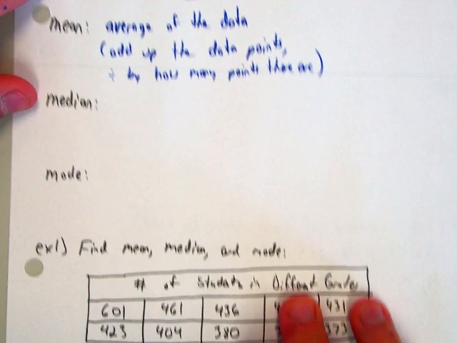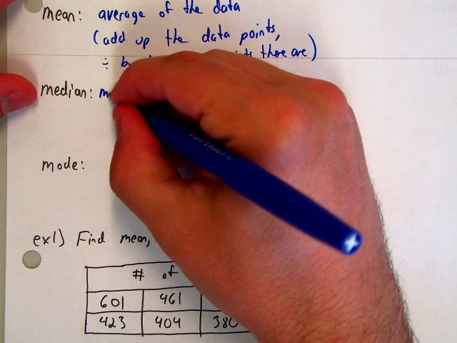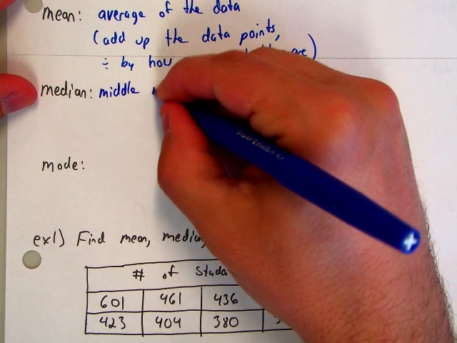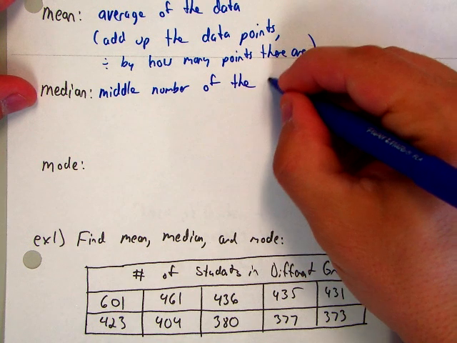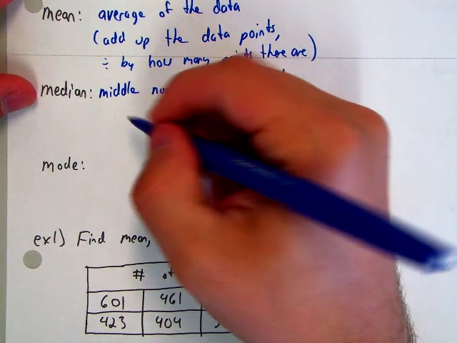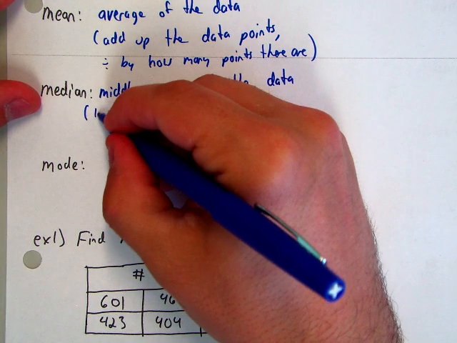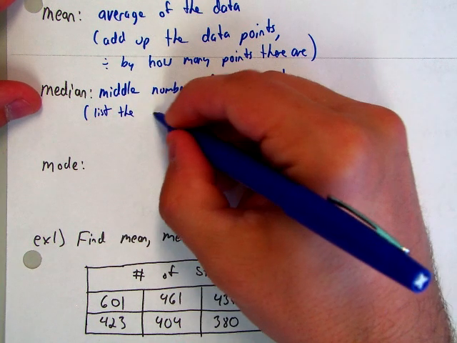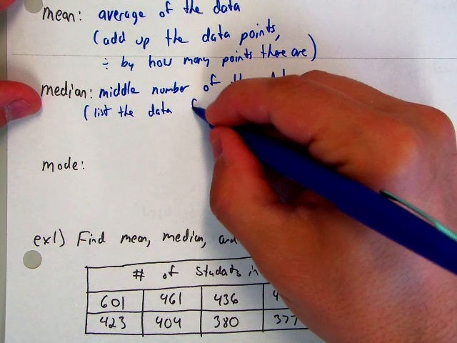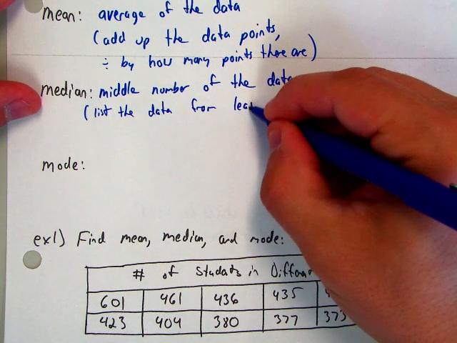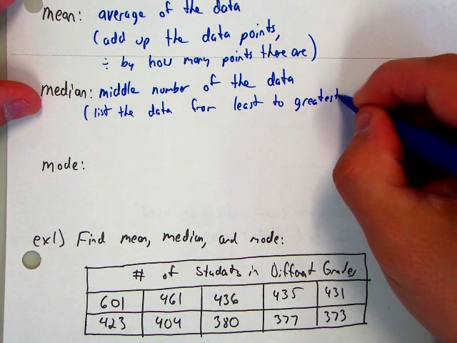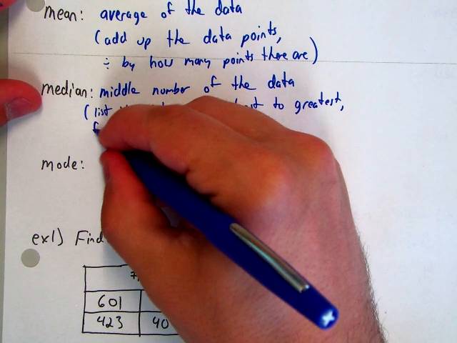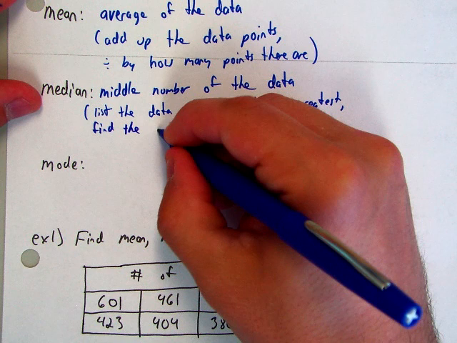The median, this is the middle number of the data. And how you find this is you list the data from least to greatest, and then you find the middle number.